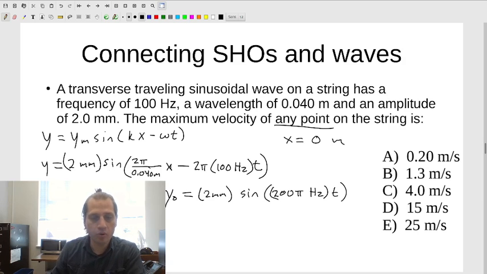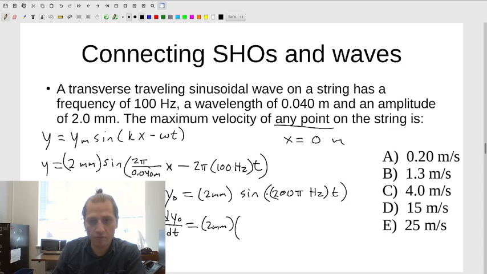Now, why is that important? Well, because at that particular point, if you're looking at the speed that the string is going up and down, it would just be dy at 0 over dt, which would give you your 2 millimeters times, so this had a minus in it, but we're just looking at amplitudes.